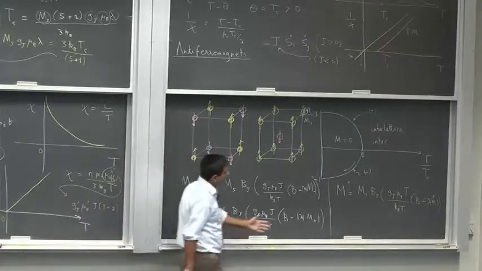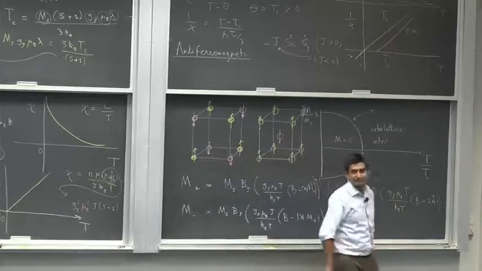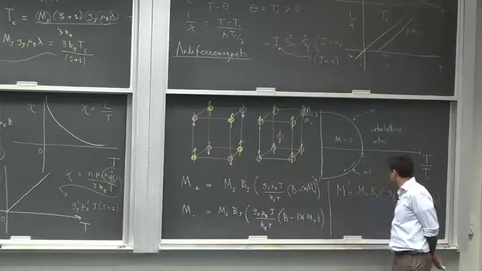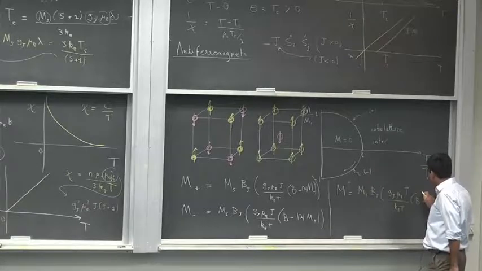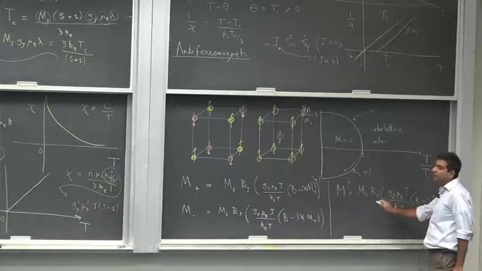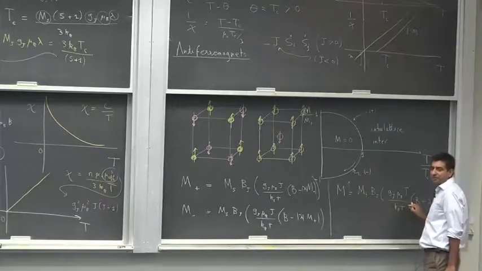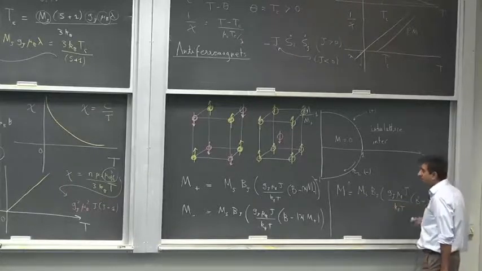Okay. Now if you look at this expression for a ferromagnet, if we put B equals 0, we were able to define the Curie temperature, the transition temperature for the ferromagnet.